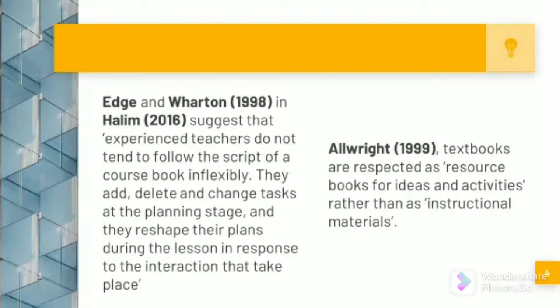And the problem with commercial materials, particularly those produced for the worldwide English as a foreign language market, is that they are not aimed at any specific group of learners or any particular cultural or educational context. For many teachers, designing or adapting their own teaching materials enables them to take into account their particular learning environment and to overcome the lack of fit of the course book.